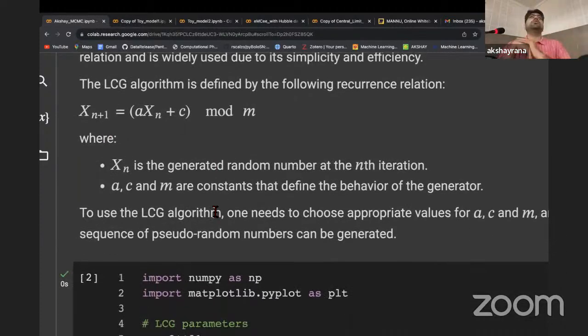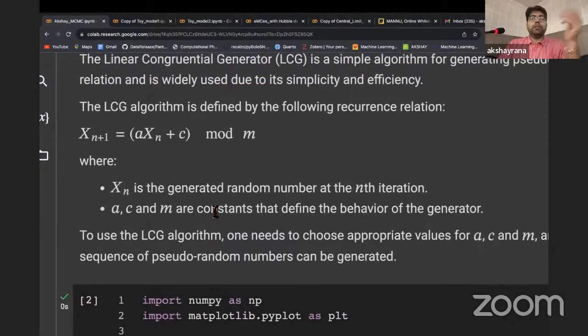One thing I'll suggest to all of you: because it's a mathematical relation, if you choose the same seed and the same values of A, M, and C, and run the program 1,000 times, every time you'll get the same set of random numbers. Now, if you are running a program and say you want to run multiple samples on your data, then you want a different collection of random numbers each time. What's the point of having the same chain of random numbers?